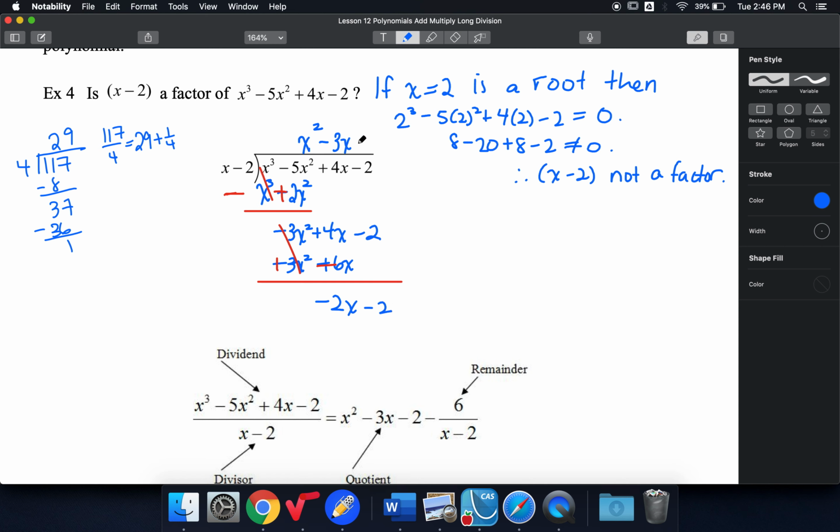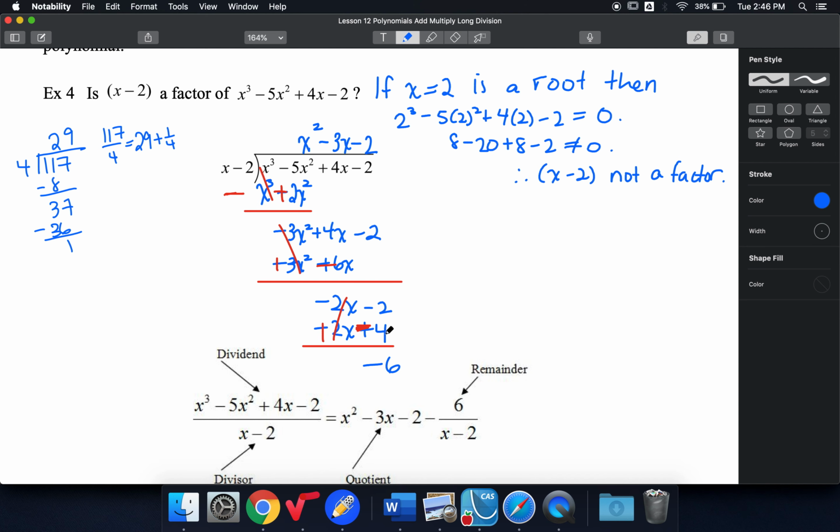So I'm asking myself, what times x is negative 2x? That's negative 2. Multiply out: negative 2x plus 4. Draw the line, change the signs. Cancel. Negative 2 minus 4 is negative 6.